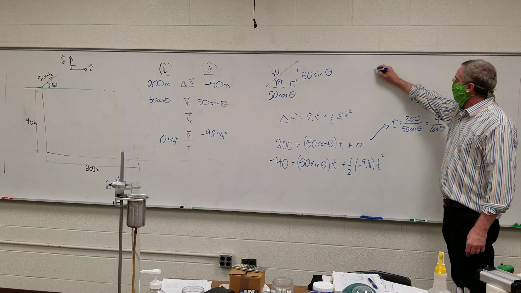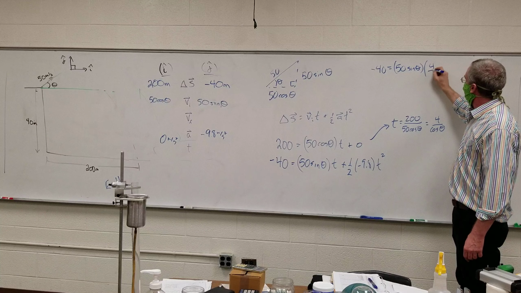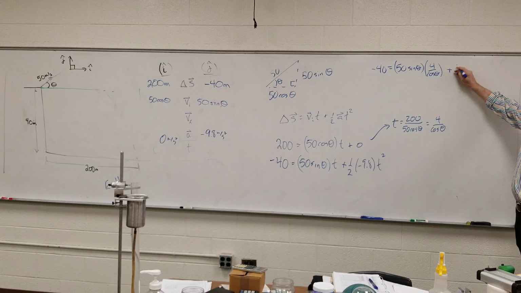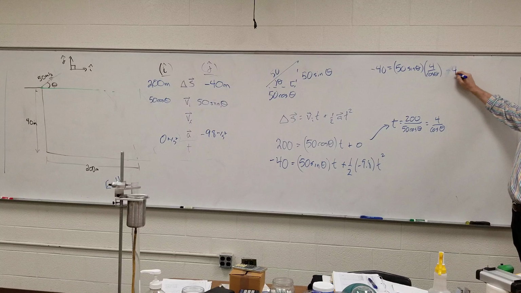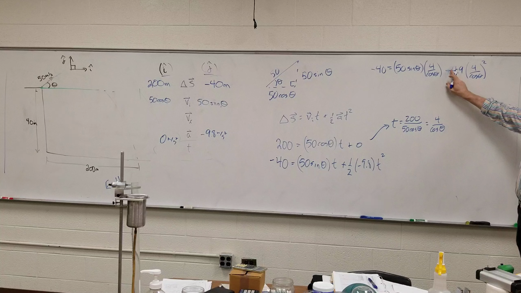So negative 40 is equal to 50 sine of theta times 4 over cosine of theta, plus, let's go ahead and shorten, minus 4.9 times 4 over cosine of theta, that whole thing squared.